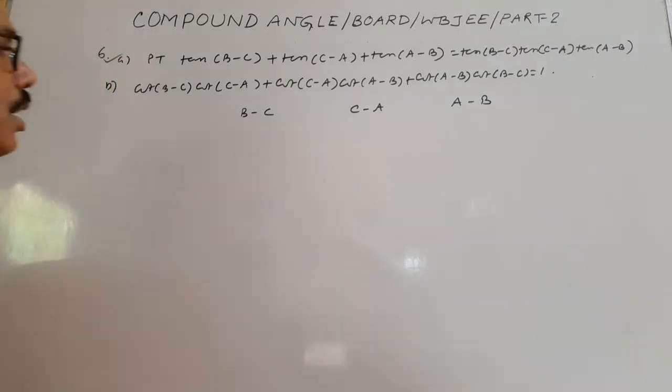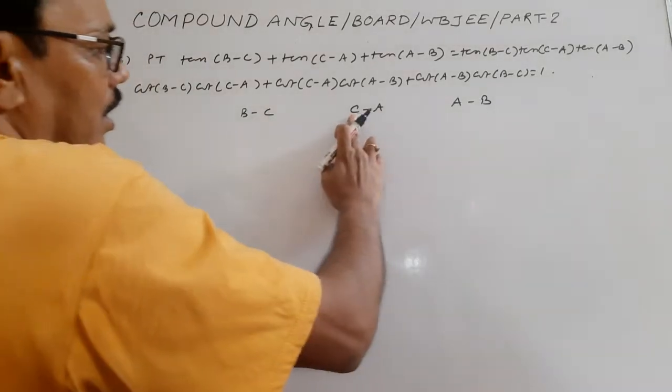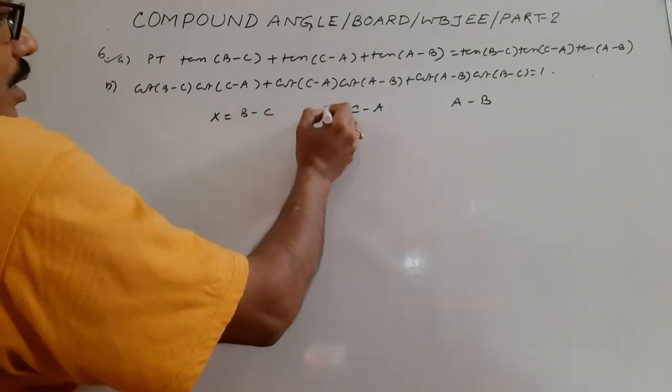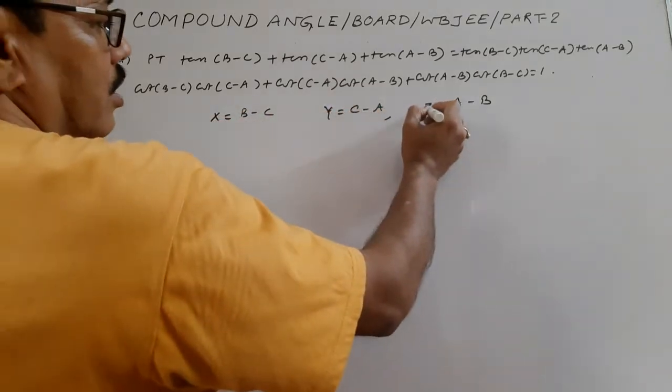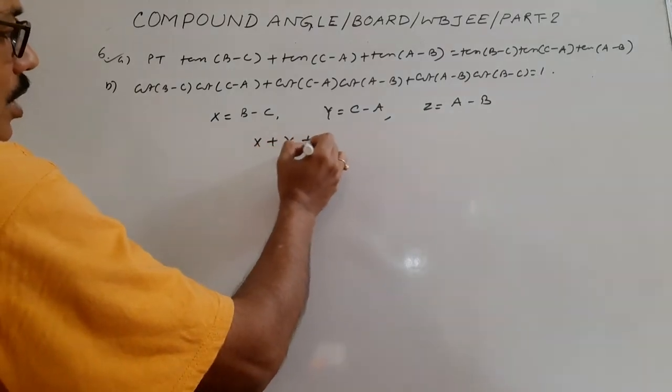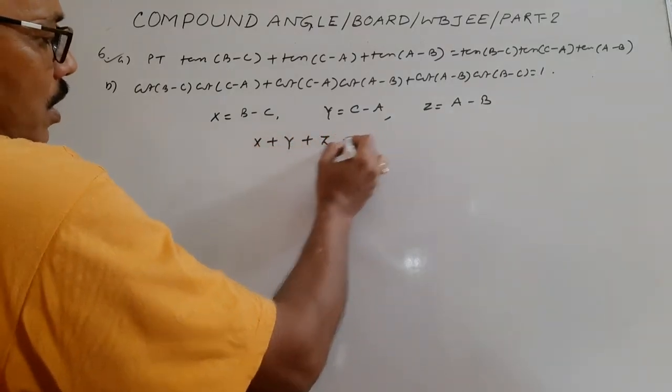If you add the angles, you get 0. Suppose this is X, this is Y, and this one is Z. So what is X plus Y plus Z? X plus Y plus Z is 0.